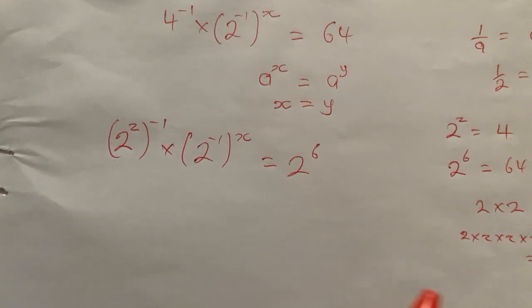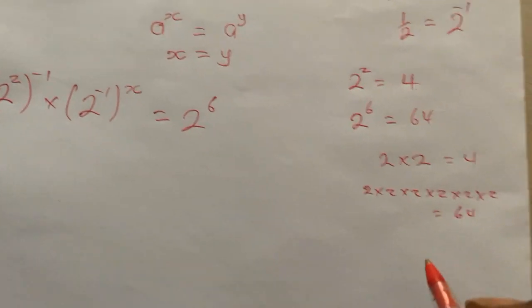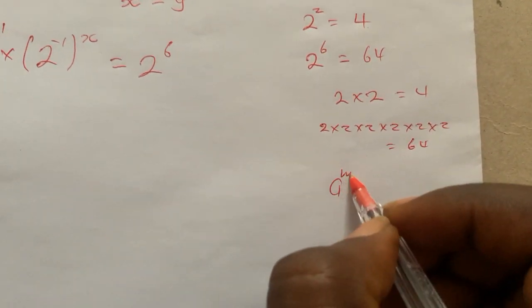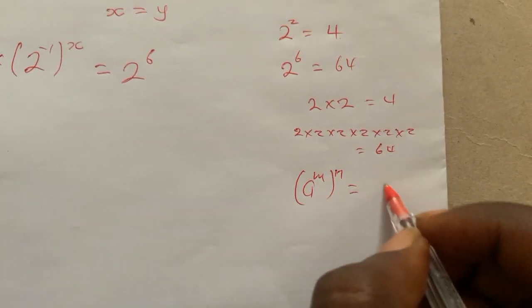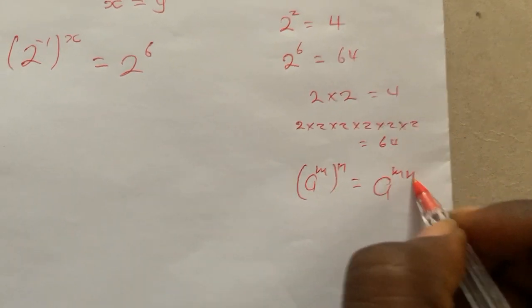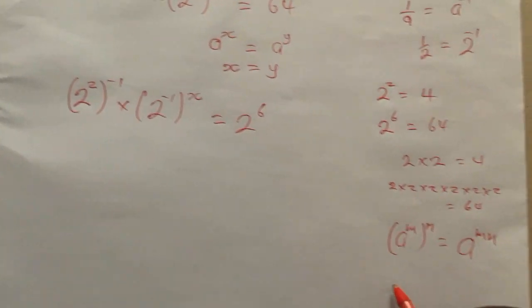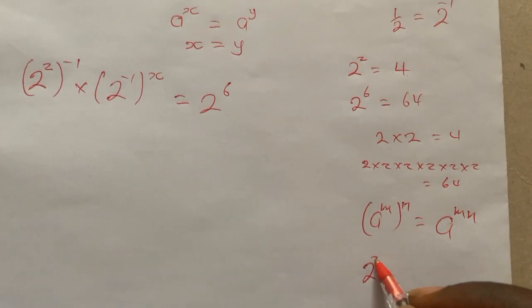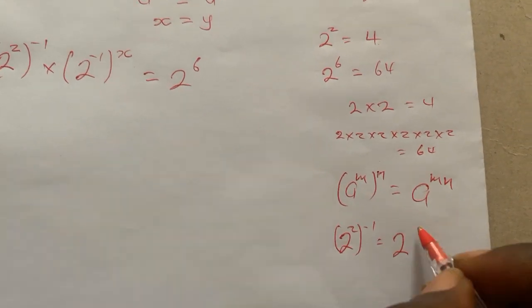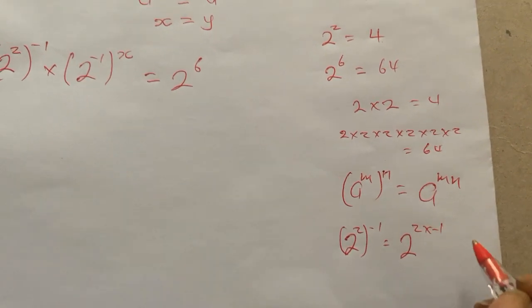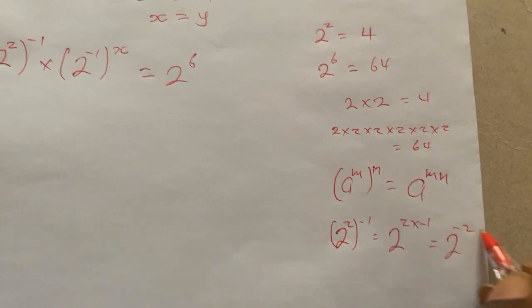Now, again, according to the rule of indices, a raised to the power m, bracket, n is equal to a raised to the power mn. So 2 raised to the power 2 times minus 1 will be equal to 2 raised to the power minus 2.